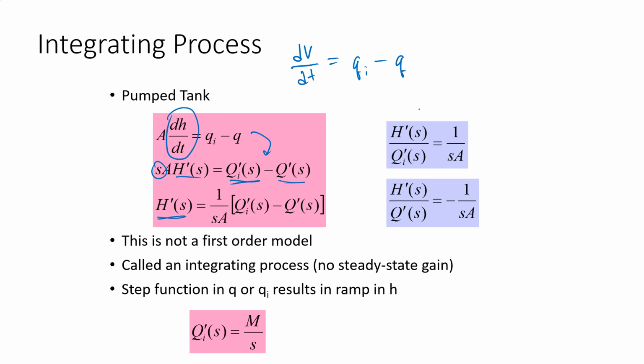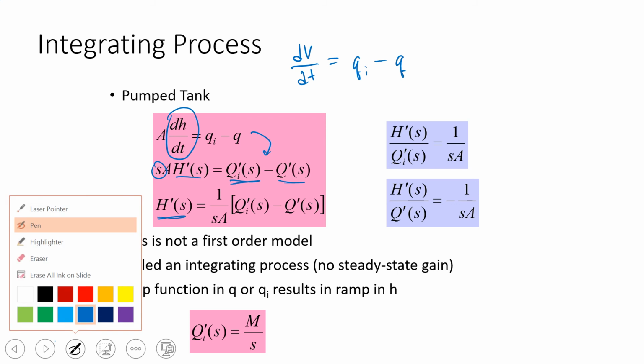We assume that our other input, which was the outlet flow rate, is 0, and then just get the relationship between H(s) and the first inlet. And then to get the other transfer function, we just assume that the other one is 0. All other variables are 0 except those two that you're interested in getting the transfer function for, and that's going to be negative 1 over sA.